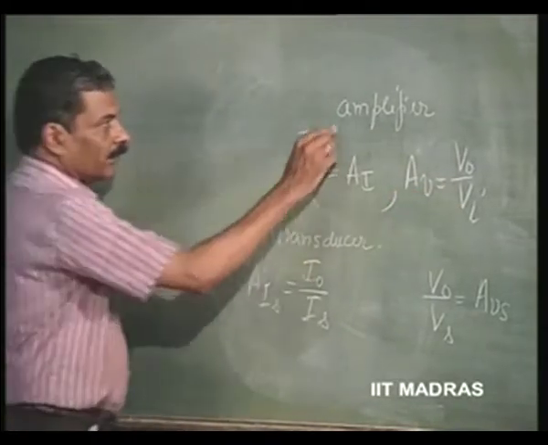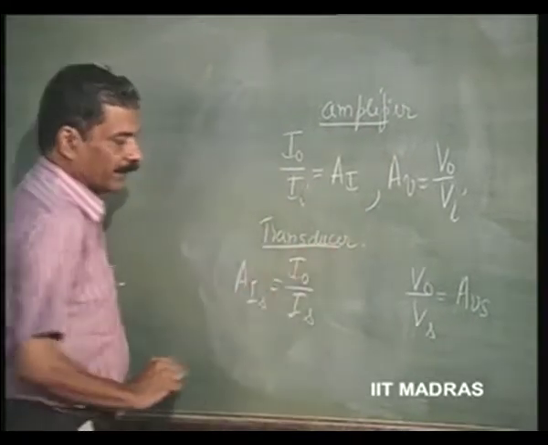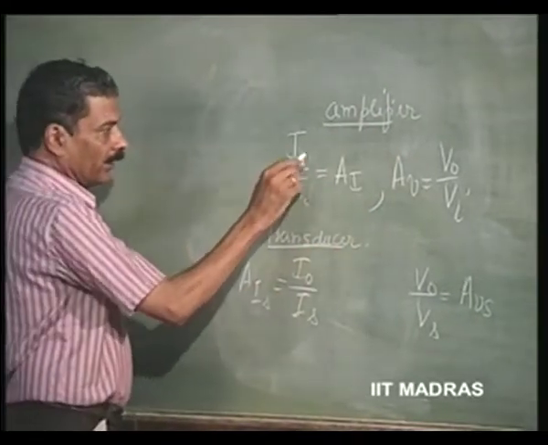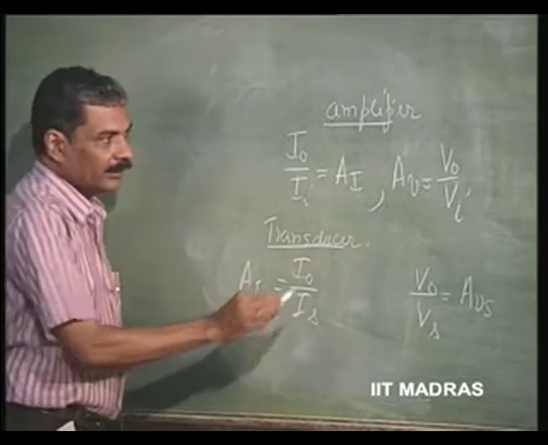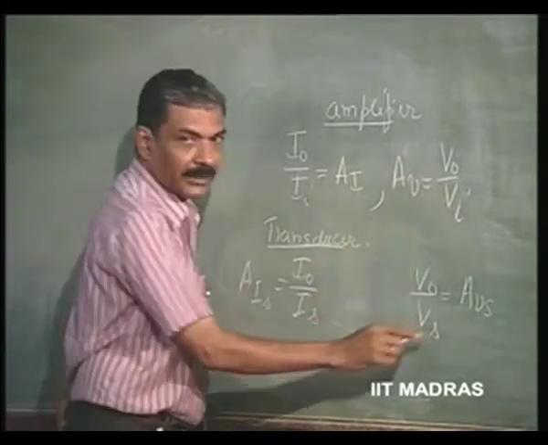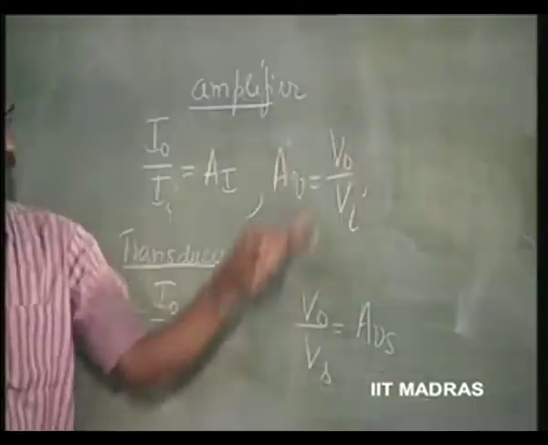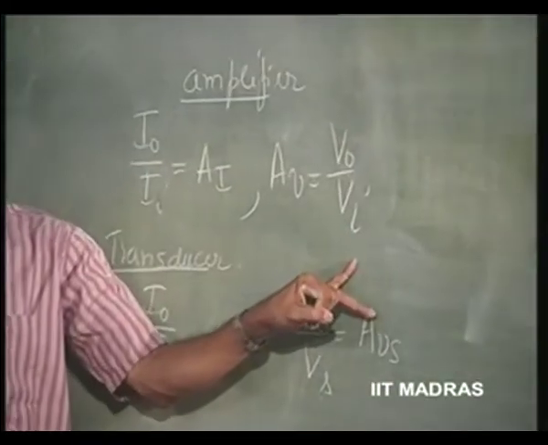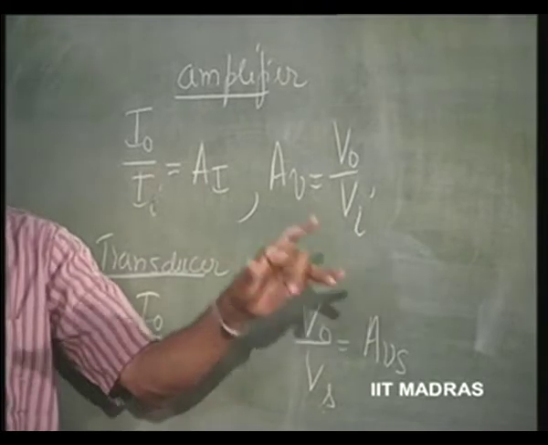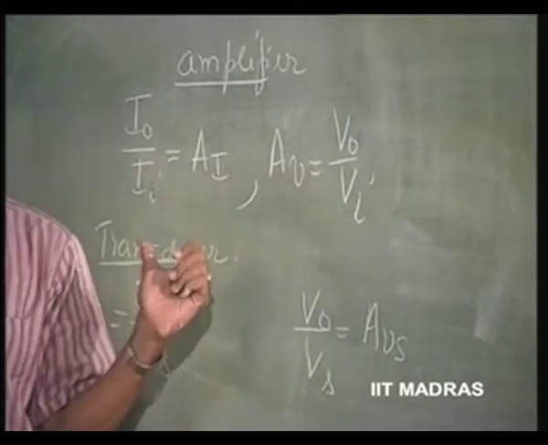So, this is the basic difference between I naught over Ii and I naught over Is, V naught over Vi and V naught over Vs. Always V naught over Vs is going to be greater than V naught over Vi by a factor determined by Ri by Ri plus Rs.